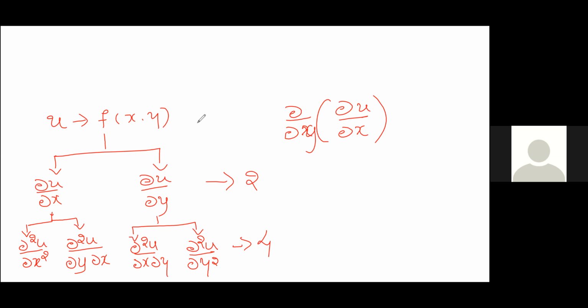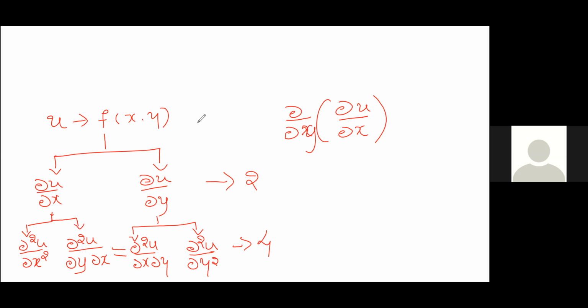In general, whenever the second order partial derivatives are continuous, dou square u by dou y dou x will be equal to dou square u by dou x dou y. Only when the second order derivatives are continuous will both be equal.